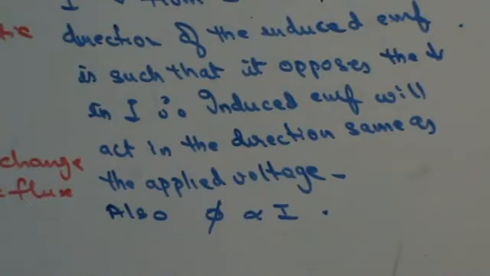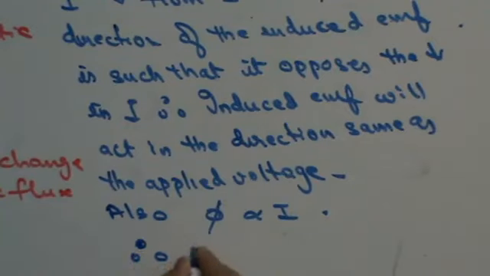Obviously, more current flowing through the coil, more magnetic field, hence more number of lines of force. Less current flowing through the coil, less magnetic field, therefore less number of lines of force. Therefore, I can say that flux is directly proportional to current.